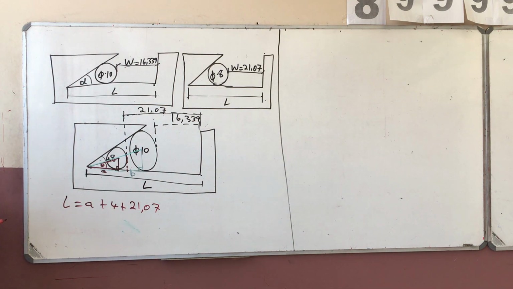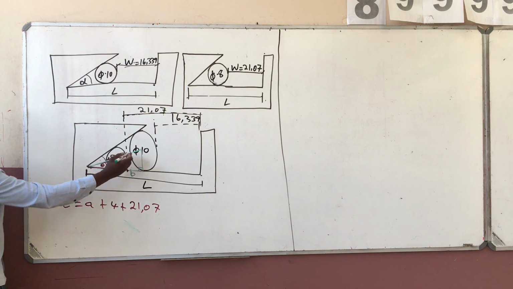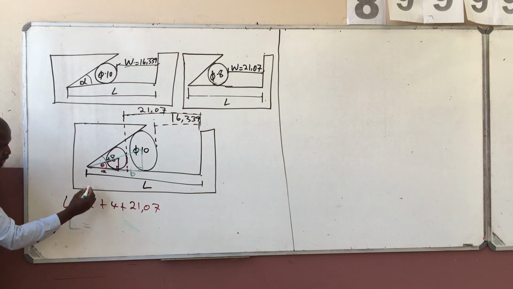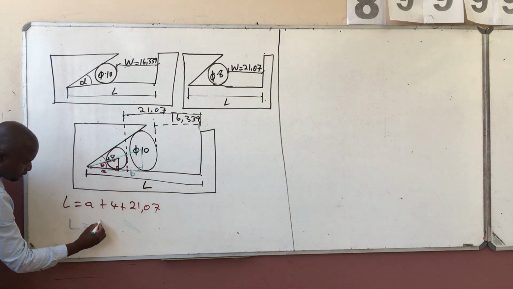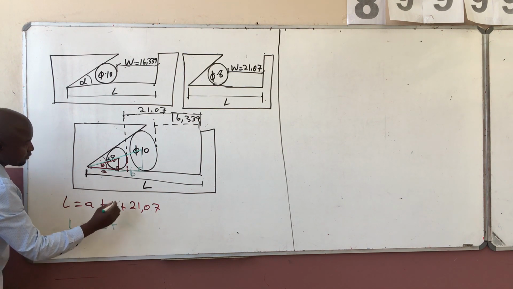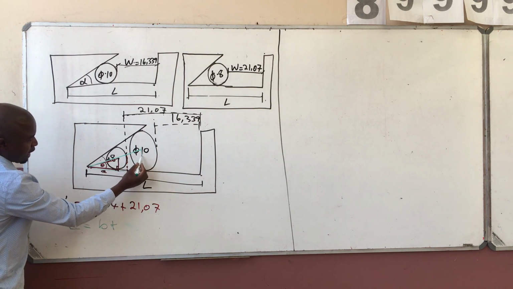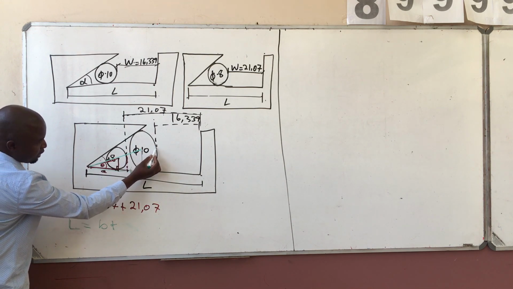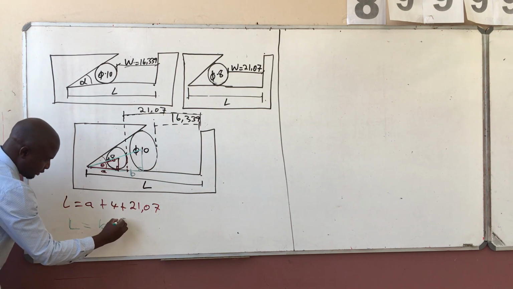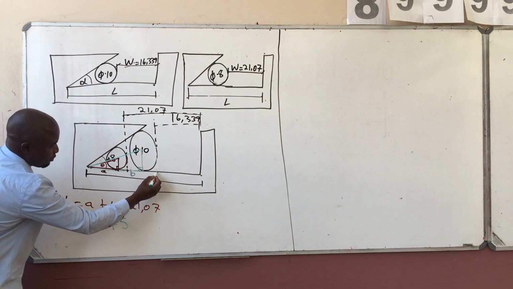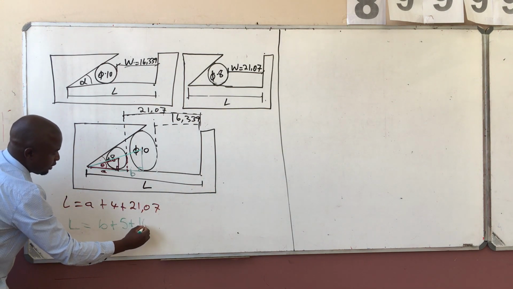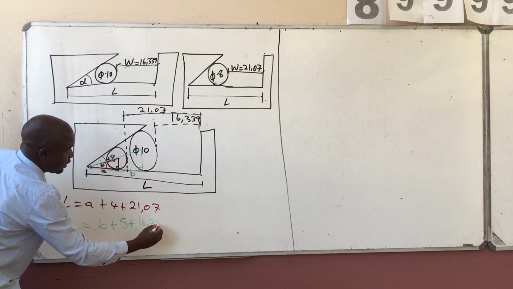So using the green triangle, L will be B, which is up until the center, plus the distance from here to here, which is a radius, and in this case the radius is 5. Then from there up until there it will be 16.339.